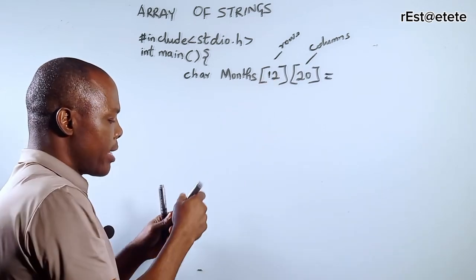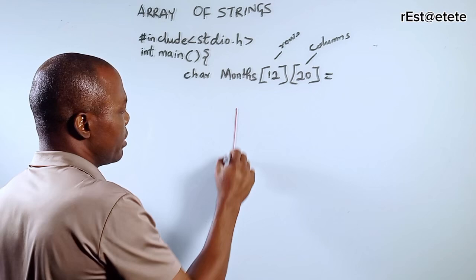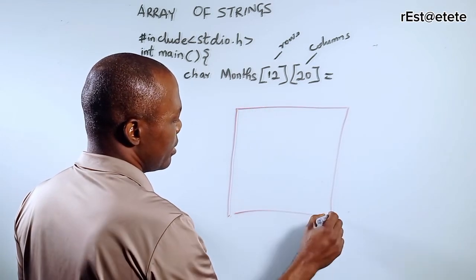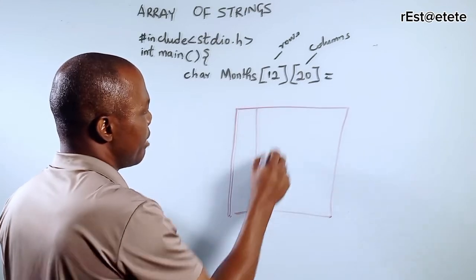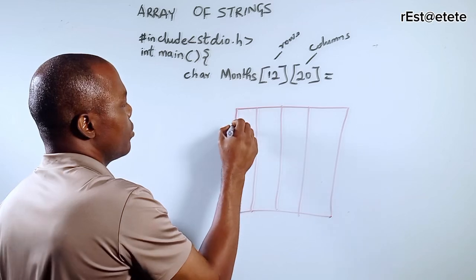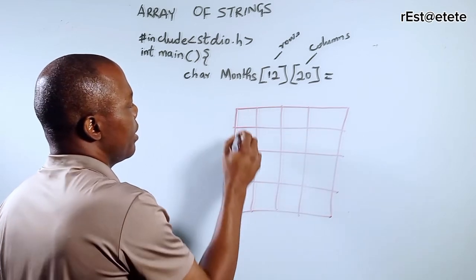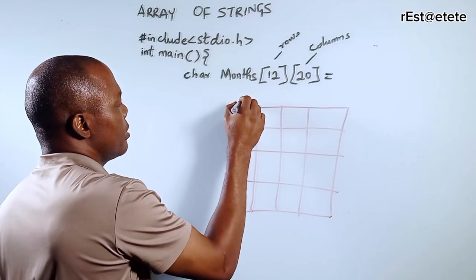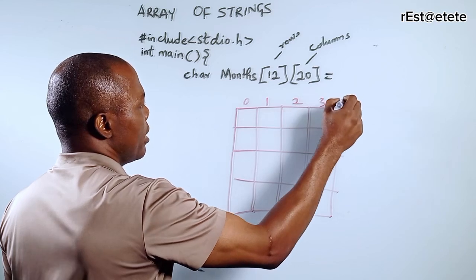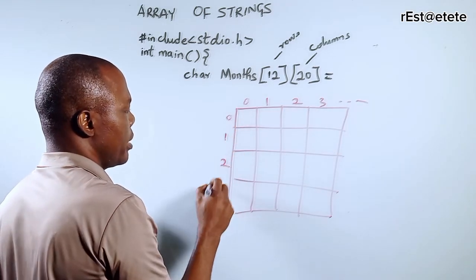Now, this is like a table. So we have something like this, right? Then we have this, we have this, we have this, like that. So this, and this. Now, this is 0, 1, 2, 3. 0, 1, 2, 3.